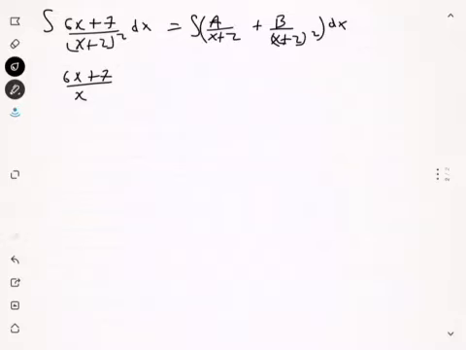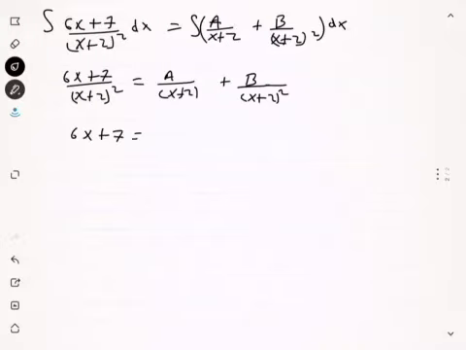So 6x plus 7 divided by x plus 2 squared equals a over x plus 2 plus b over x plus 2 squared, and then we clear fractions, so we get 6x plus 7 on this side, and on this side we get a times x plus 2 plus b.